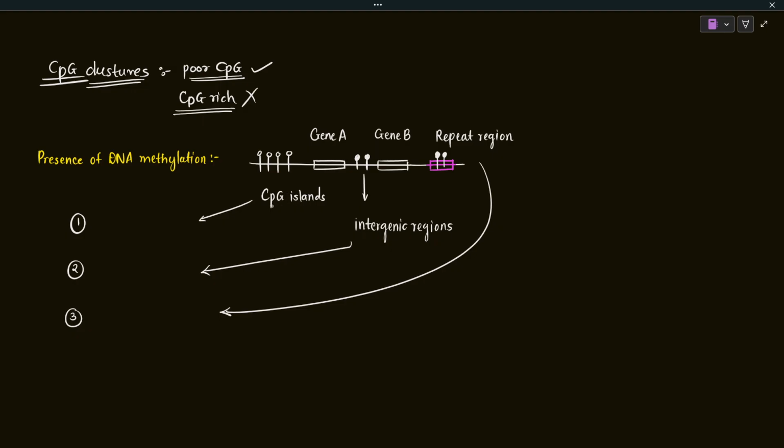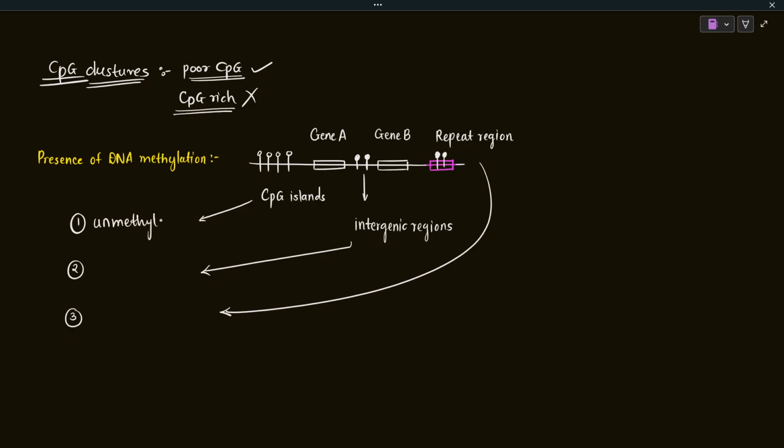So when I ask whether the CpG islands are methylated or not, I mean the CpG rich islands. By convention, CpG islands have high CpG frequency. So the CpG rich islands will be unmethylated. Why?